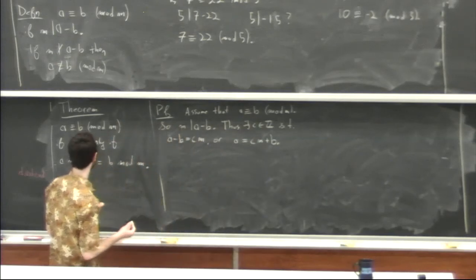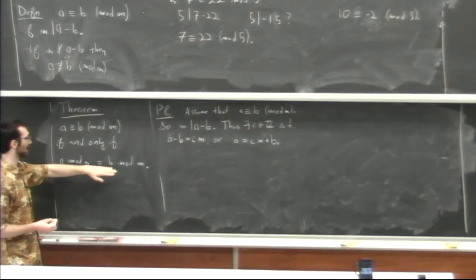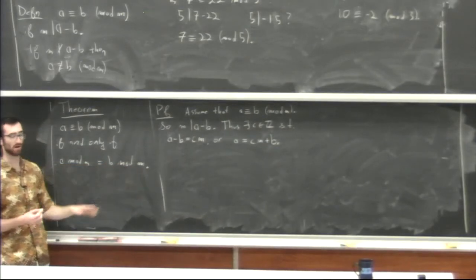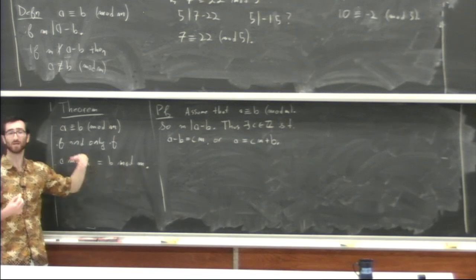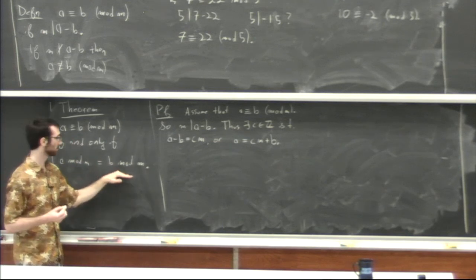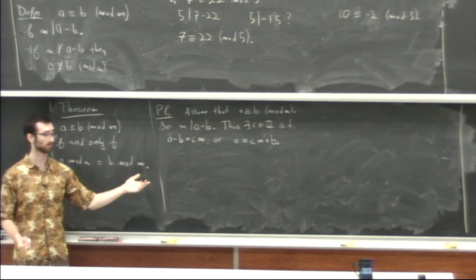So now I want to check that A mod M is actually equal to B mod M. B mod M means I use the division algorithm on B, and I produce some remainder.